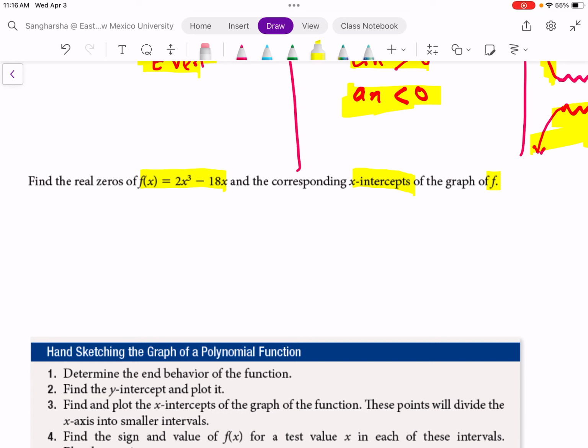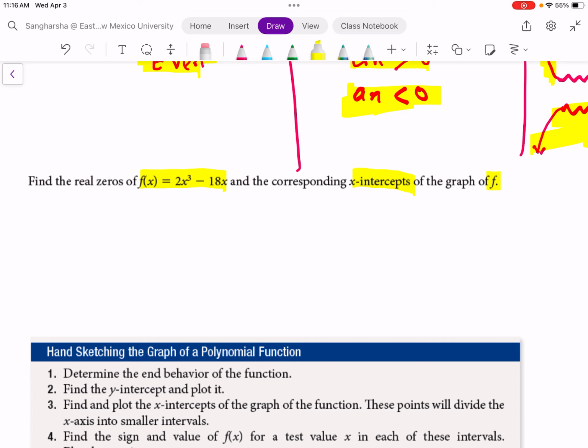This is a polynomial function and this function has all real numbers as its domain. Now what is that input whose output is 0 for this function? Give me one number whose output is 0. Yes, 0. If we substitute 0 for every x, we get 2 times 0 cubed minus 18 times 0, that is 0, right? So 0 is one of the real zeros for this function.